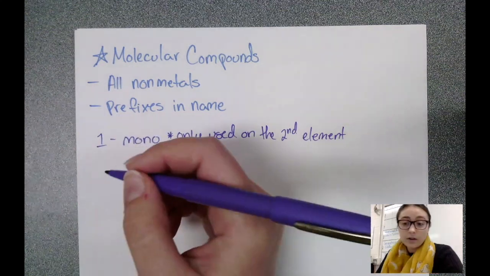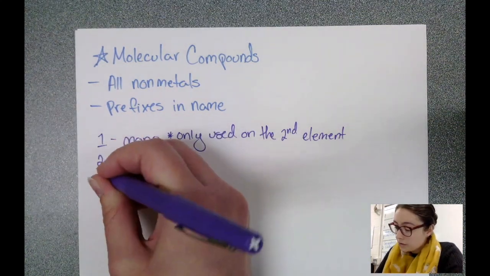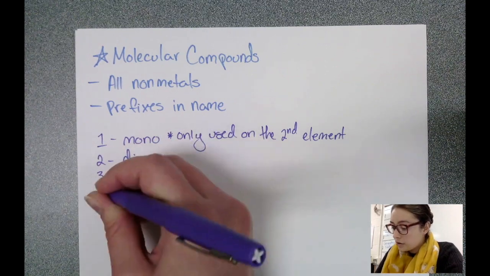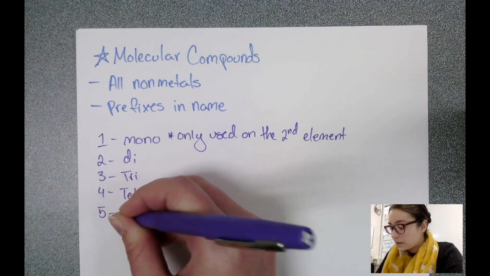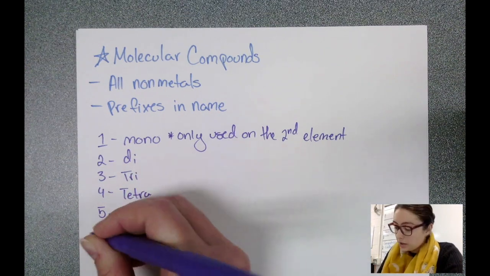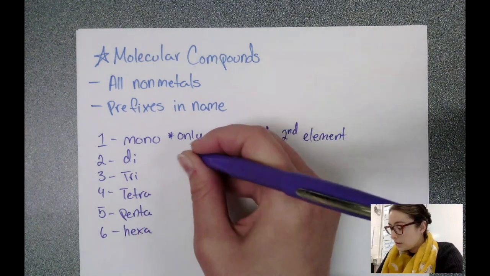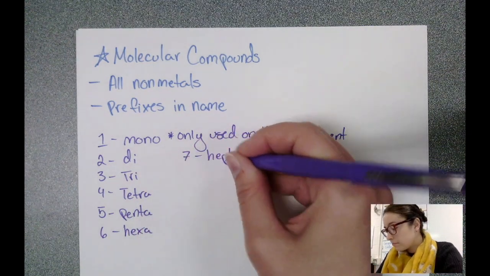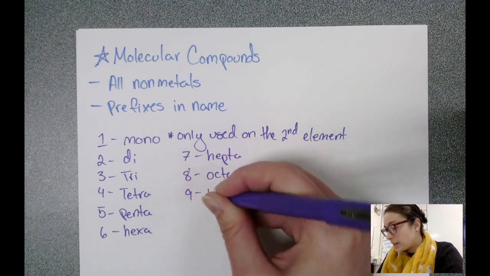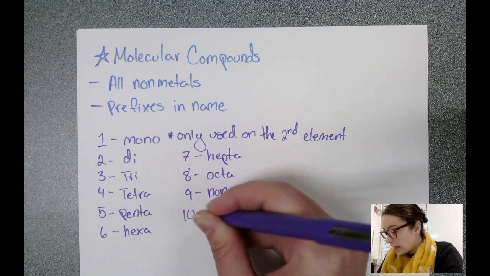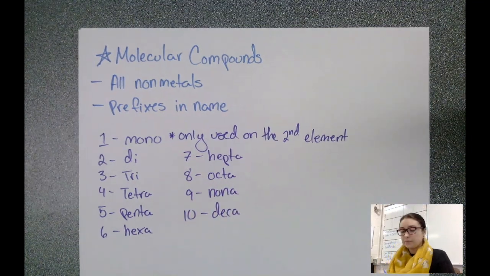So if you only have one of the first element, you're just not going to put a prefix on it. 2 is di, 3 is tri, 4 is tetra, 5 is penta, 6 is hexa, 7 is hepta, 8 is octa, 9 is nona, 10 is deca, and you're not really going to need any prefixes higher than that for this.